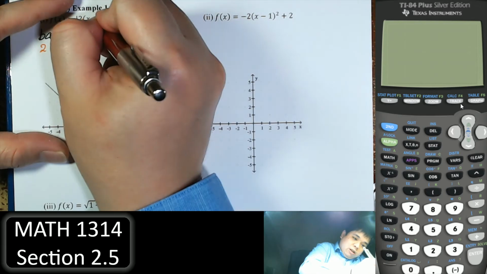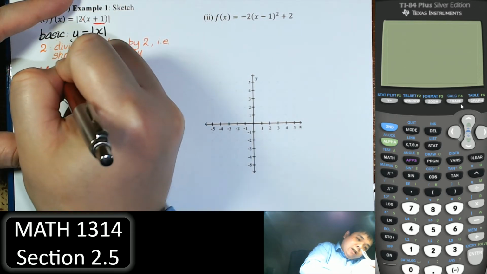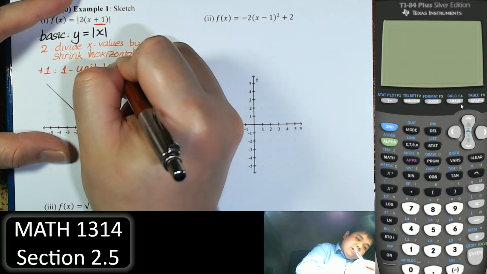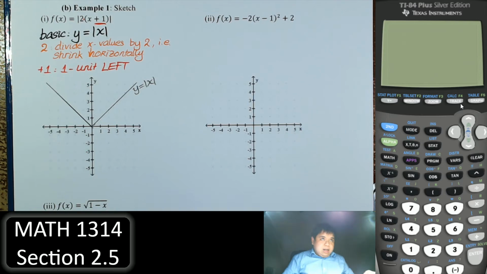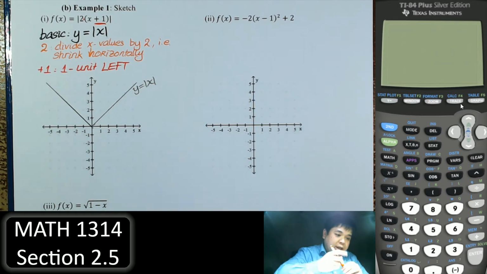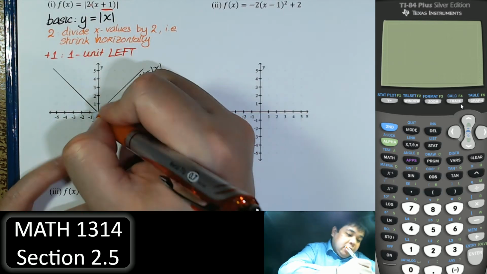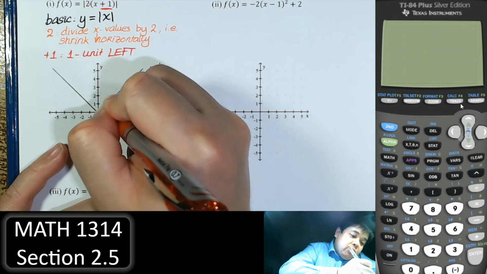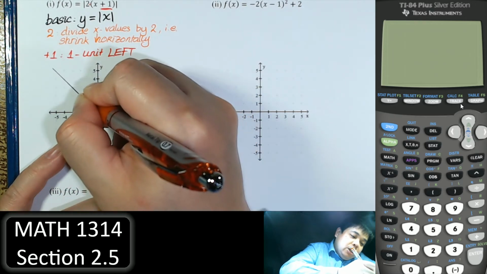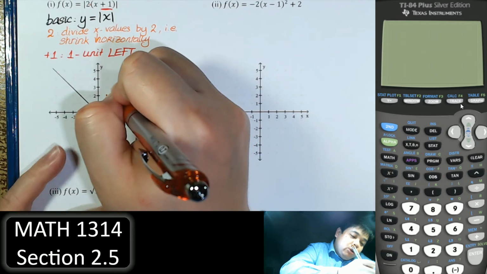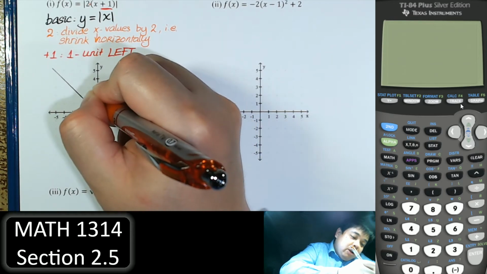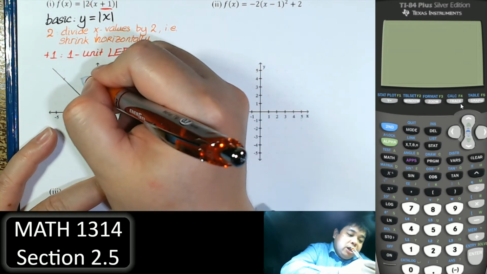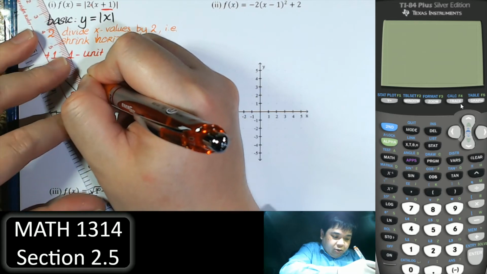And then that plus 1 is 1 unit to the left. Right, so that's what we do. First, we make it shrink. 0 divided by 2 is 0. 2 divided by 2 is 1. Negative 2 divided by 2 is negative 1. So 4 divided by 2 is 2, and negative 4 divided by 2 is negative 2. So pretty much we have the graph here.